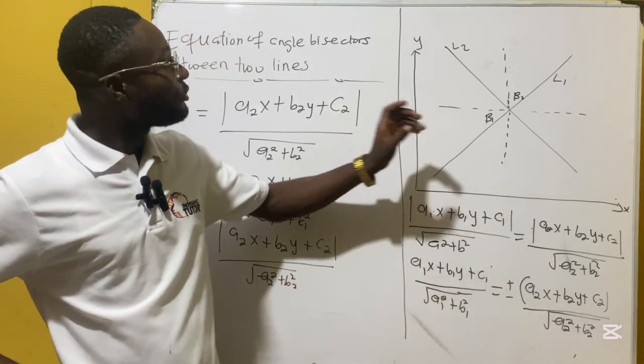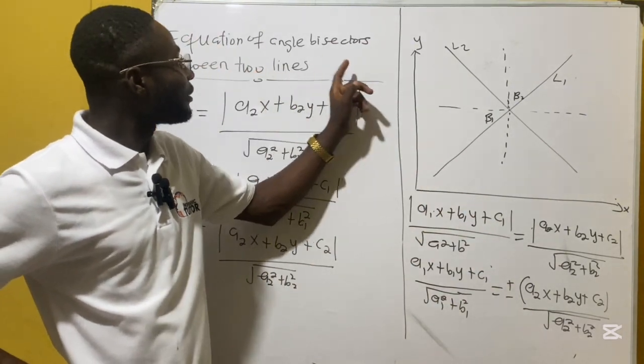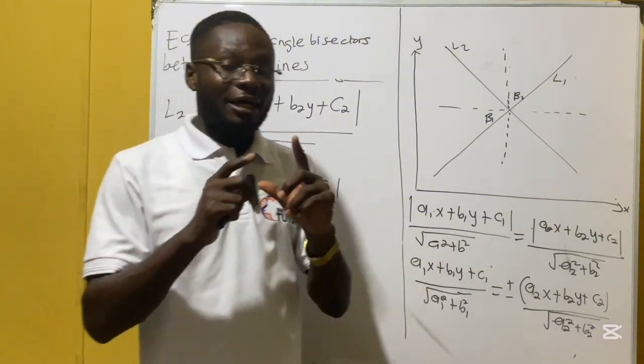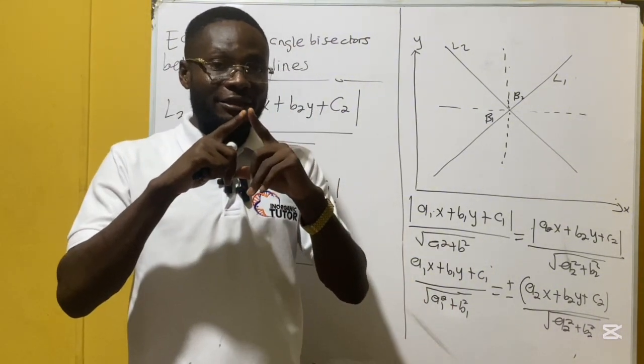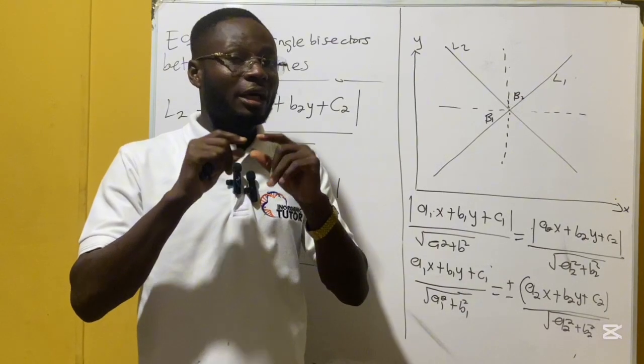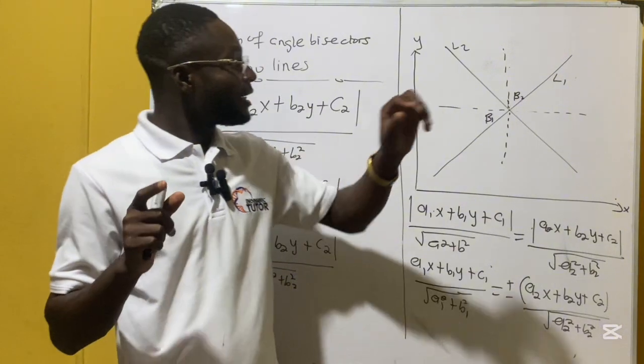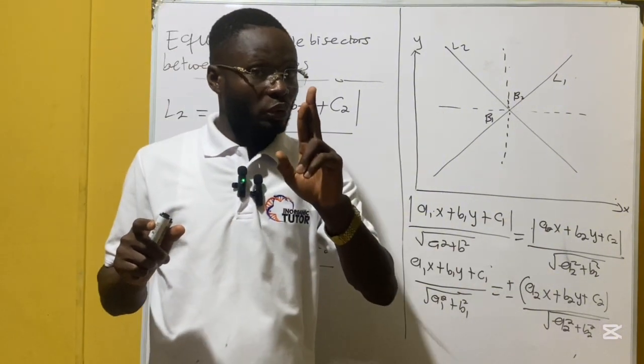And when we are talking about equation of angle bisectors between two lines, the angles involved in these two equations of angle bisectors are two.